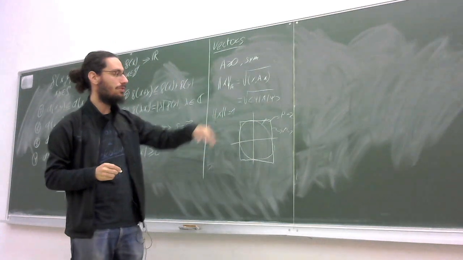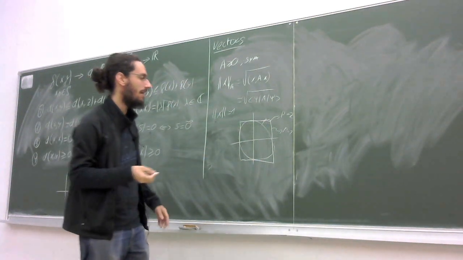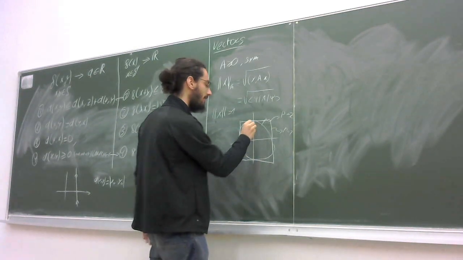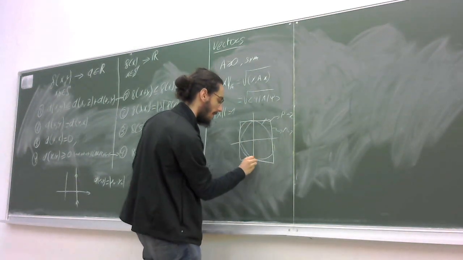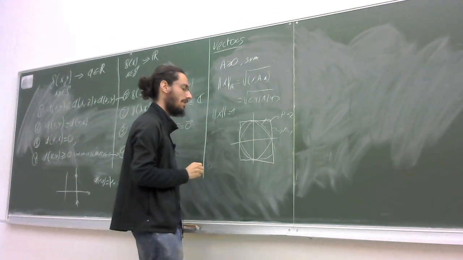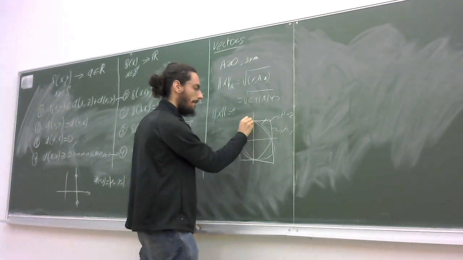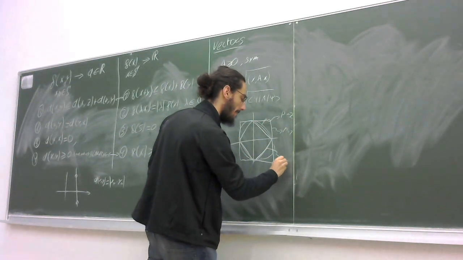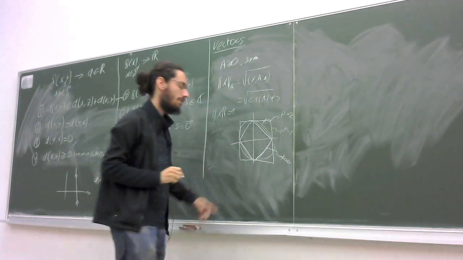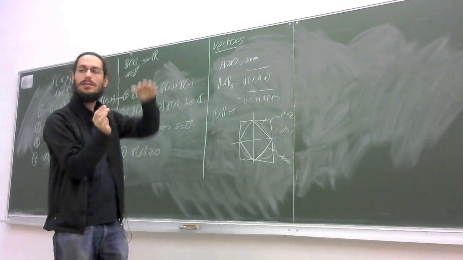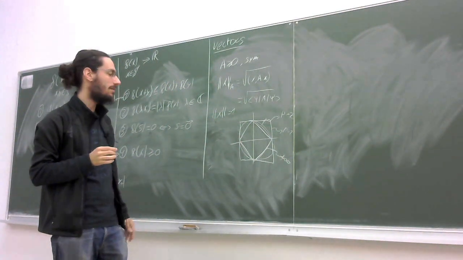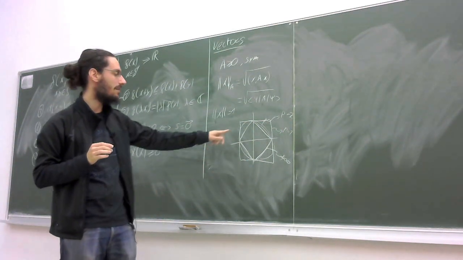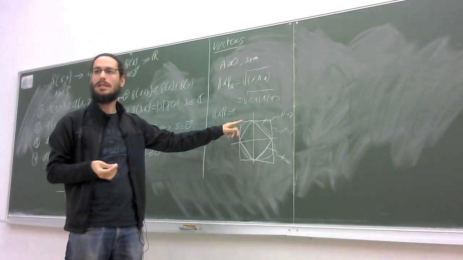Then you can go to different values of P. Let's say P equal to 500 and you will have something in between. And in the limit of P equal to infinity, you will have a square rotated by 45 degrees. So you can see more or less the relation between the distances just by looking at them.